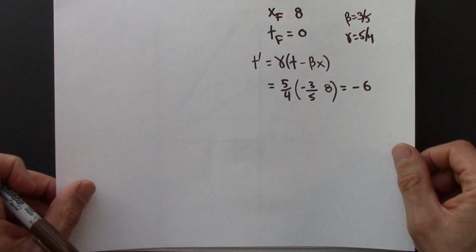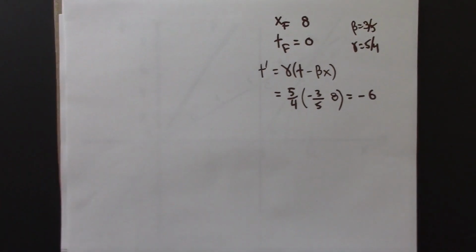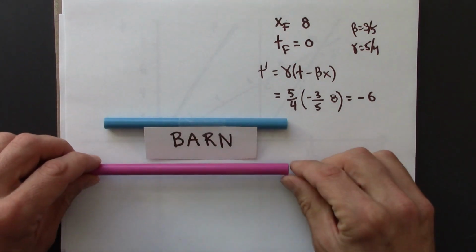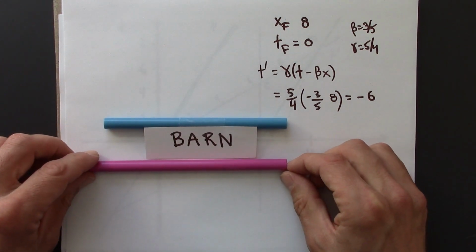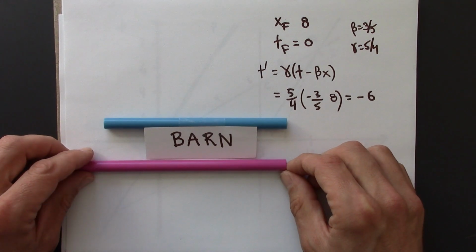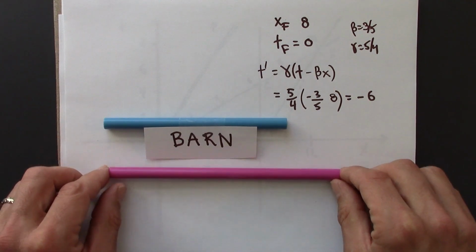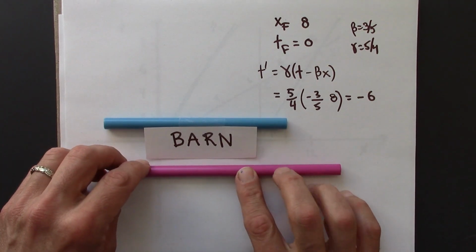So let me think about the same result another way. All right, so in Beowulf's frame, this is the scenario at event F, and then this is the scenario at event B. And I guess I shouldn't have moved the stick.